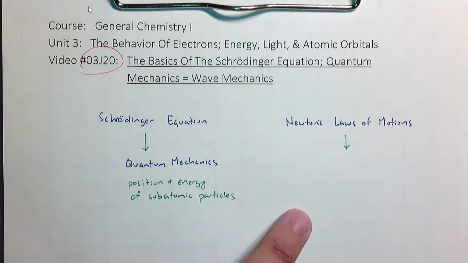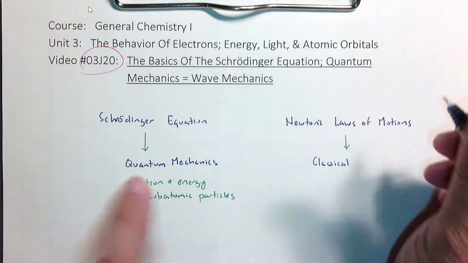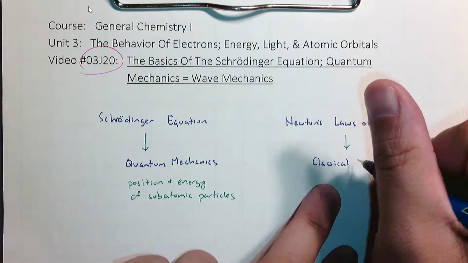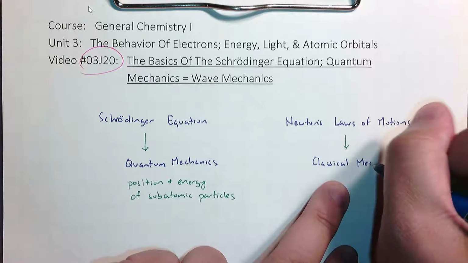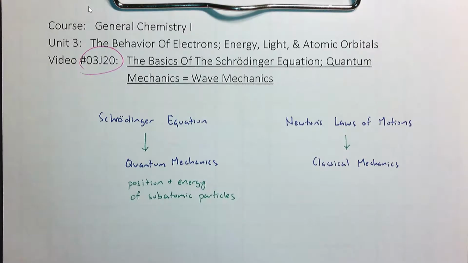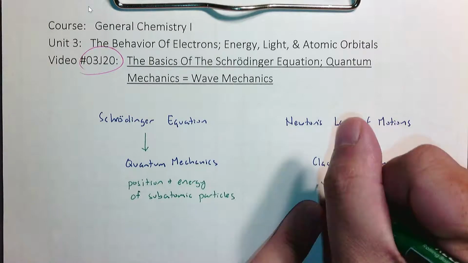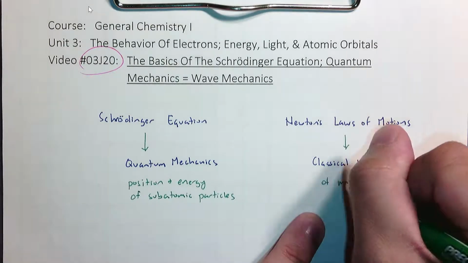And that is the basis for classical mechanics. We talked briefly about quantum versus classical mechanics in a previous video. A bullet being shot, an apple falling from a tree, a train moving, and again, this describes the position and energy of macroscopic objects.